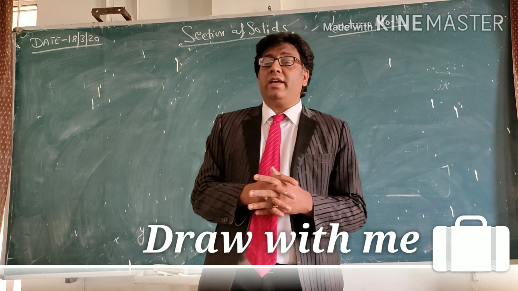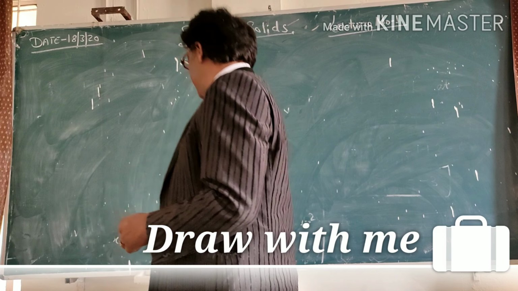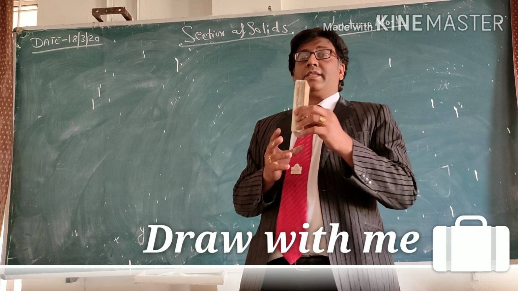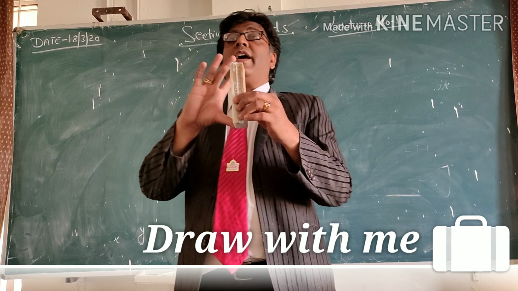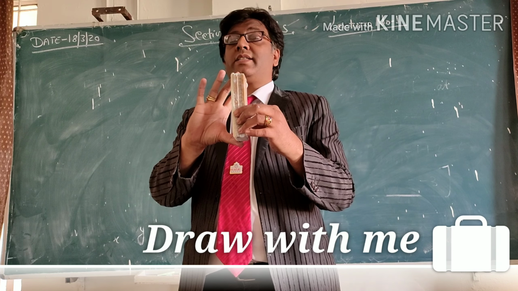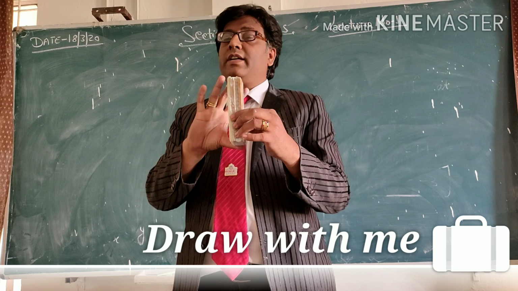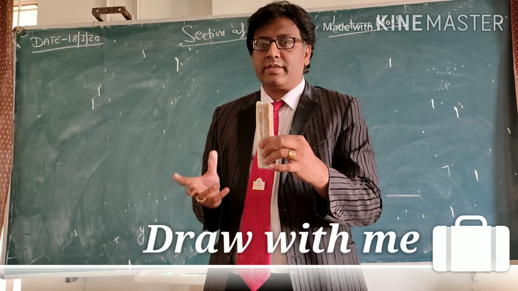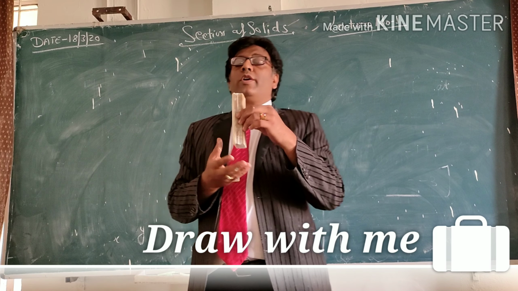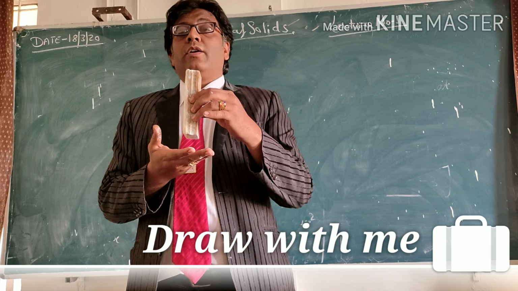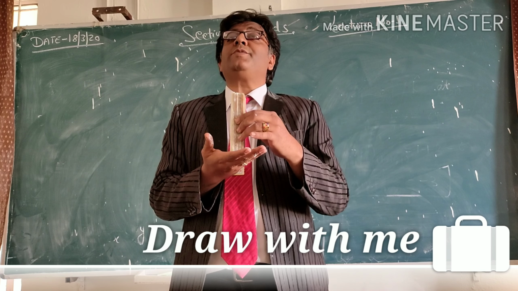I am taking an example of this simple duster. We have to locate the duster with respect to the horizontal plane, vertical plane, or reference planes. We are locating this duster resting on HP on its base.